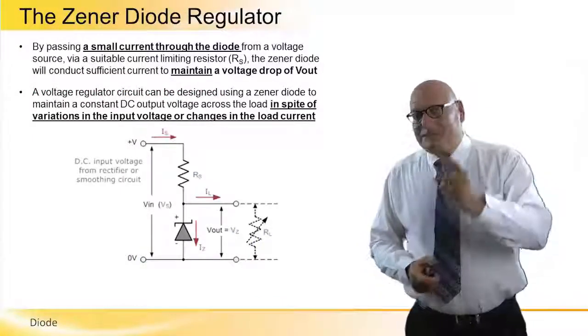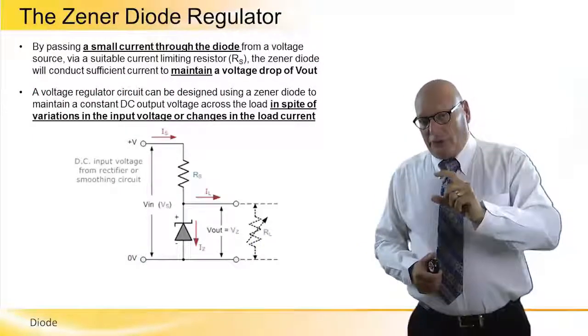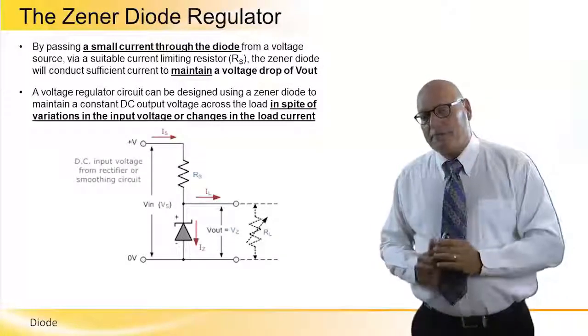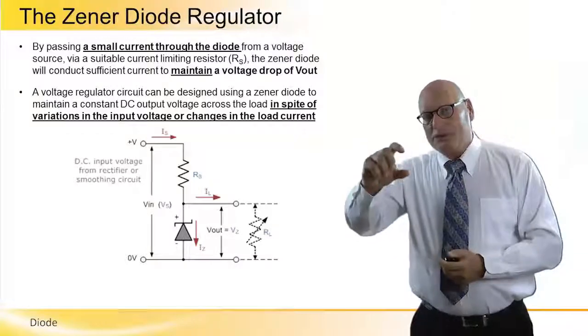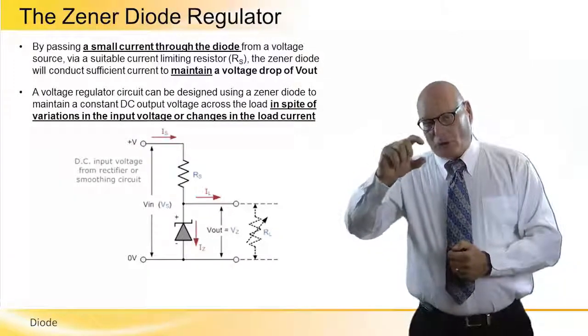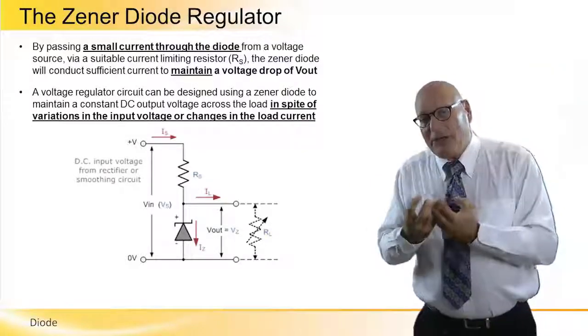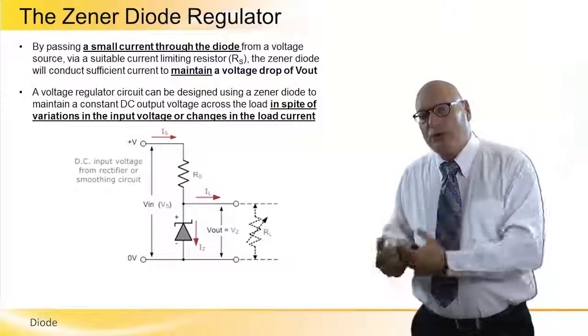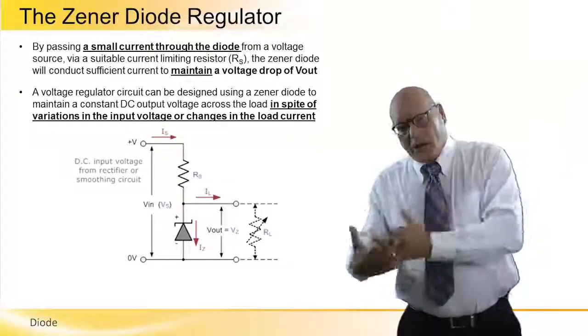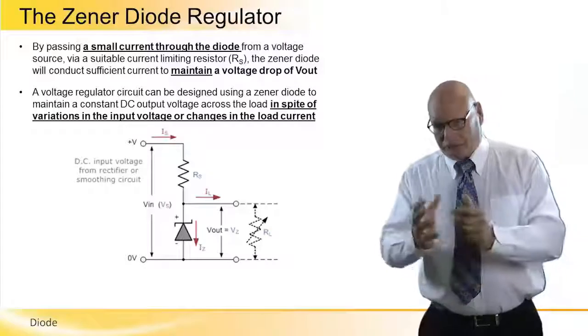Now, because this Zener diode, from the breakdown point, basically holds a fixed voltage level across it, we can actually use the Zener diode to regulate variations of voltages coming into it. Let's read it together.